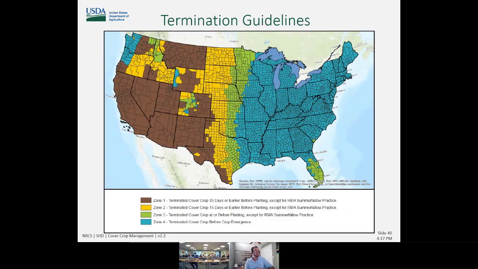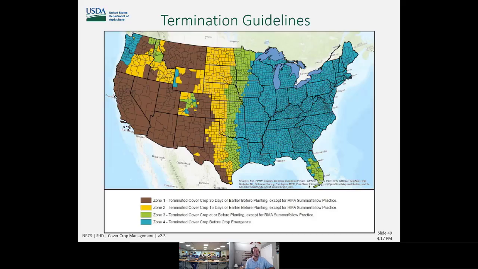Termination guidelines. This is a map from RMA on crop insurance for Delaware. It looks like you're in zone 4. So terminate the cover crop before the actual crop emerges would be where you would fall in terms of getting that cover crop terminated.